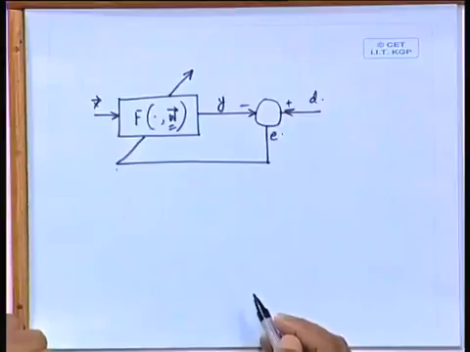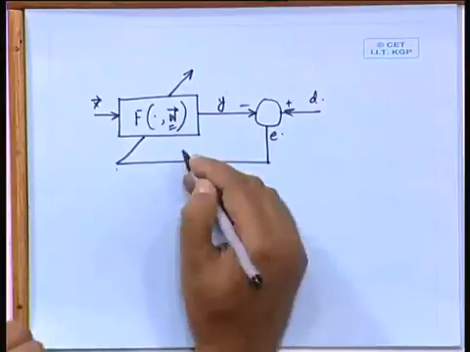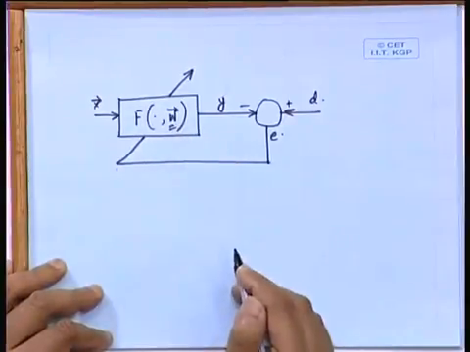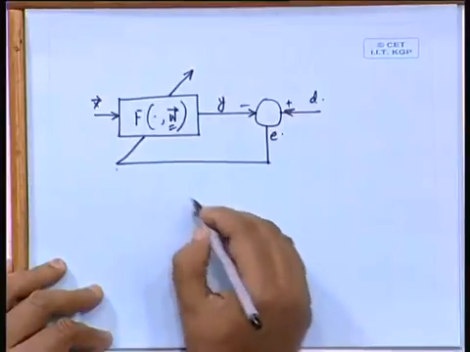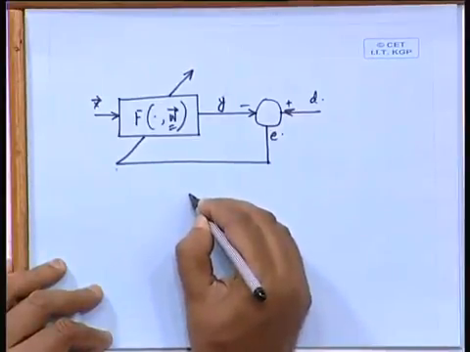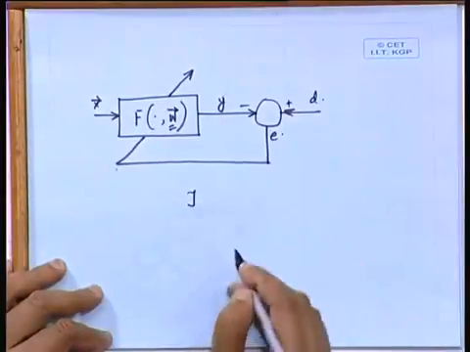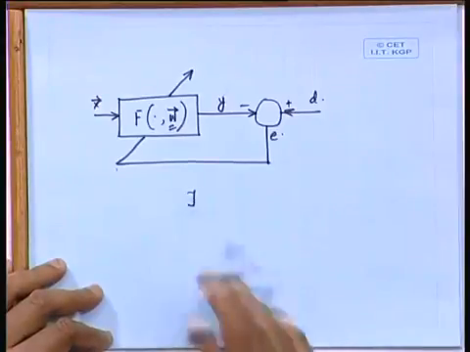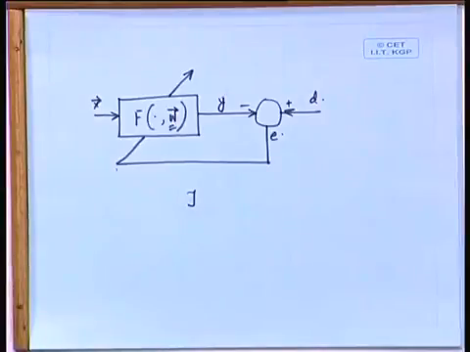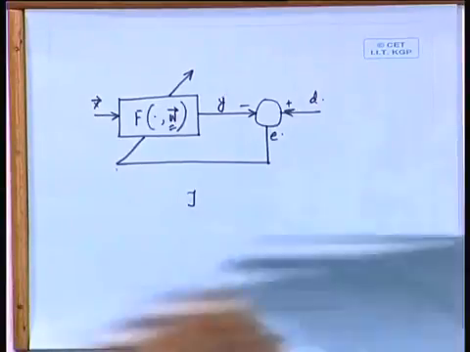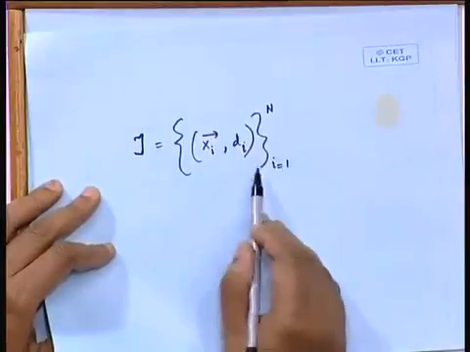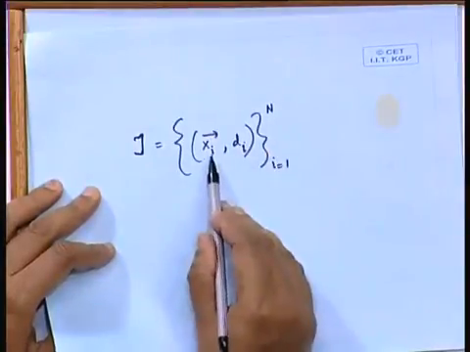What it means is that the empirical knowledge is ultimately encoded by this weight vector W. The training set T, which I defined earlier, is the set of (xi, di) for i equal to 1 to n.